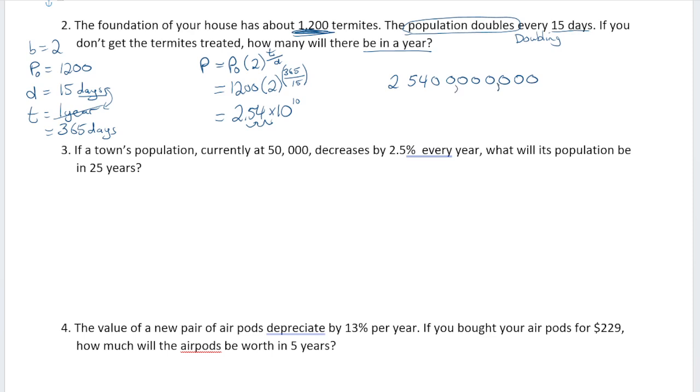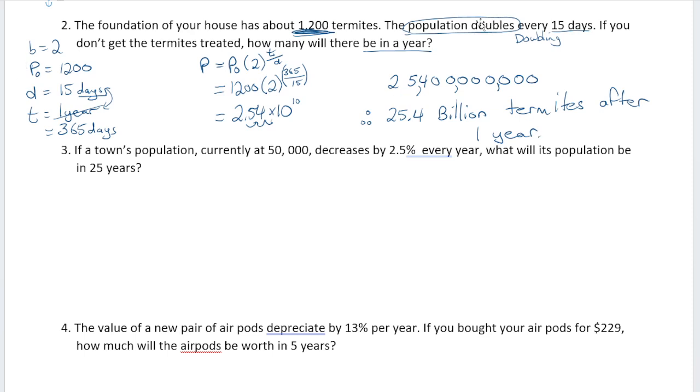So something like that. So therefore, we're going to have 25.4 thousand million billion termites after 1 year. Ugh. Okay.